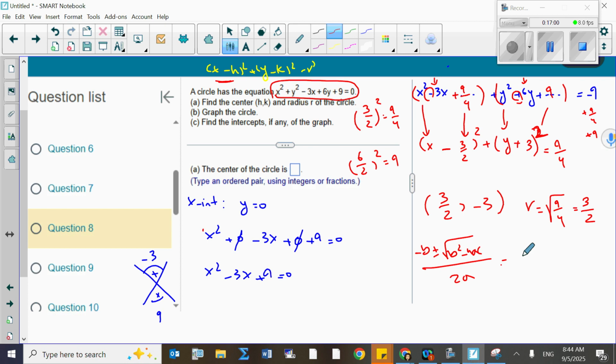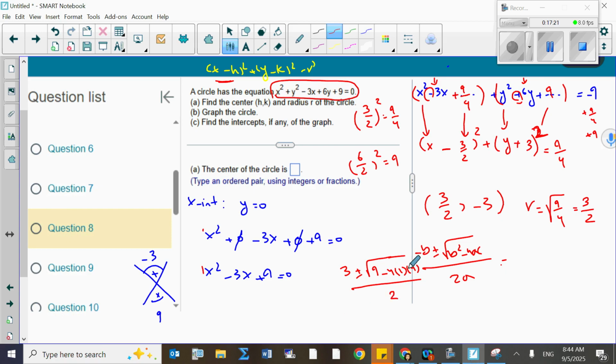Now, negative b is going to be 3, plus or minus the square root of 9 minus 4 times 1, that's your a, times c, which is 9, over 2 times a, which is 2.